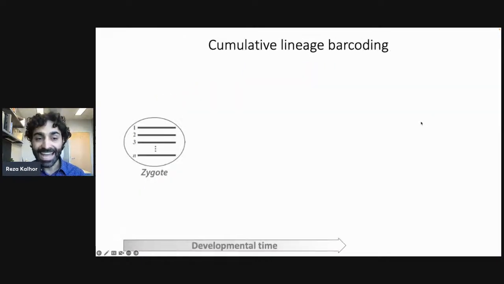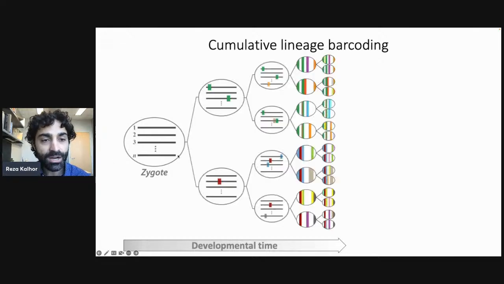Now, in the last 6 years or so, cellular phylogenetics has converged with evolutionary phylogenetics a lot, because we now have the ability to engineer the zygote to gradually accumulate mutations during development. Here I'm showing a zygote and these loci, each with a gray bar, which we can induce to, over time, accumulate these random mutations shown by colored pegs.